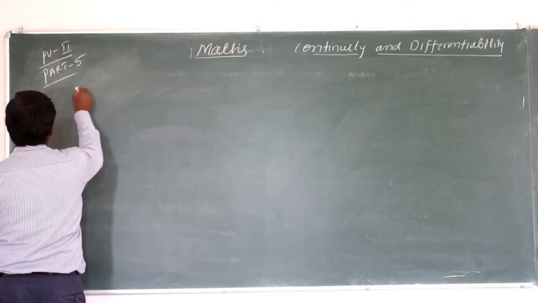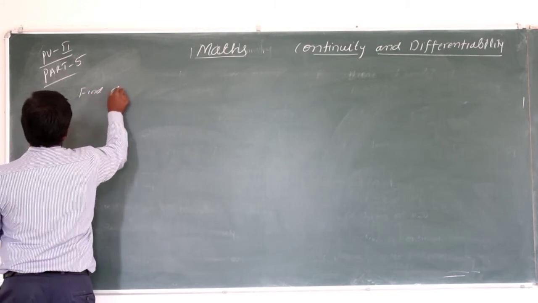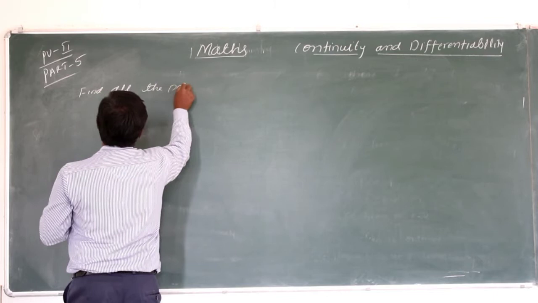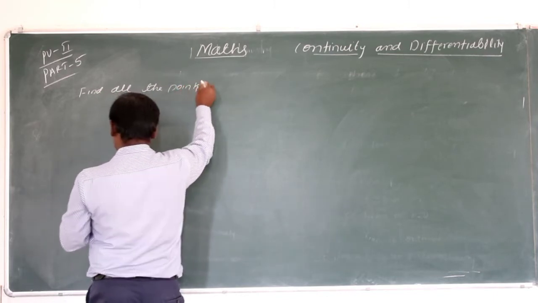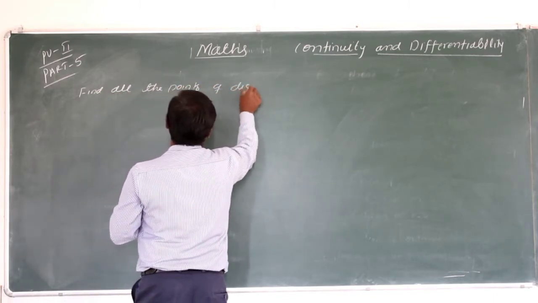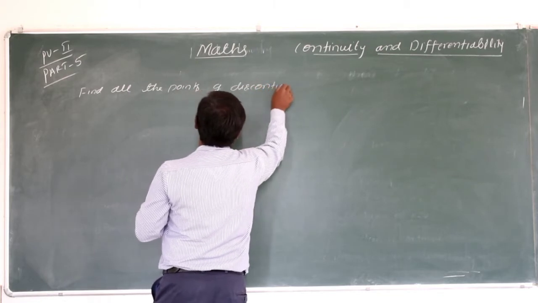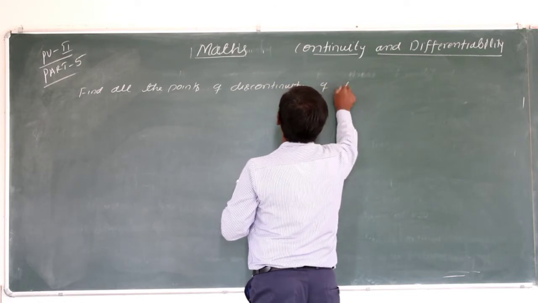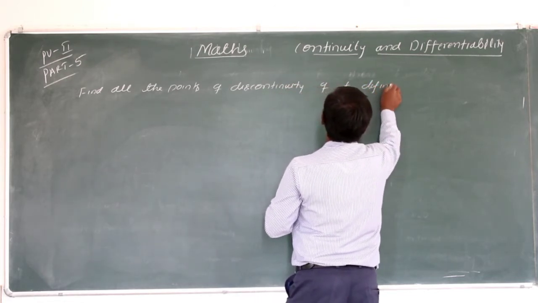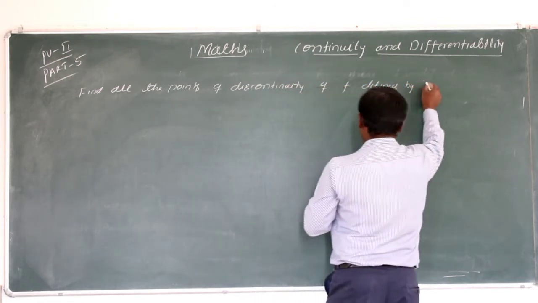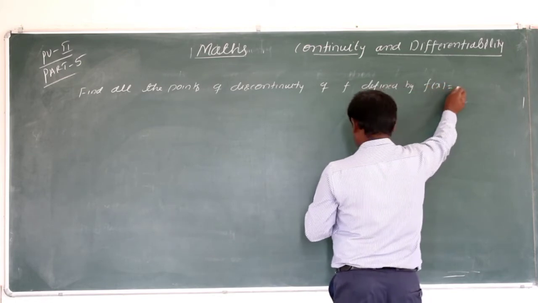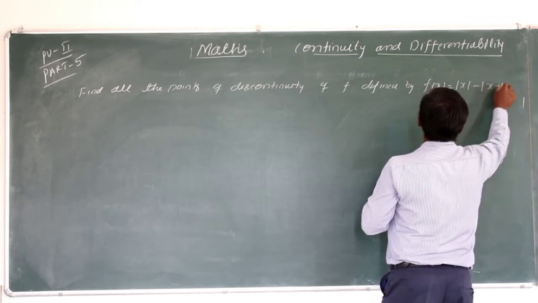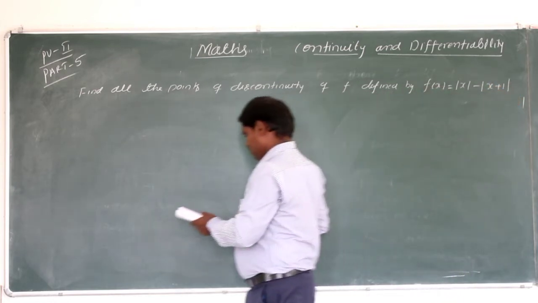Find all the points of discontinuity of f defined by f of x is equal to mod x minus mod x plus 1.